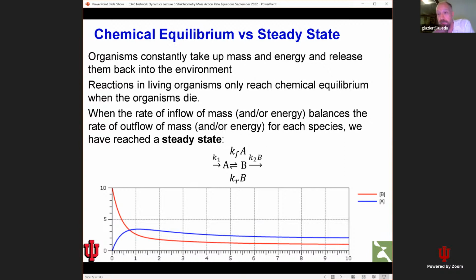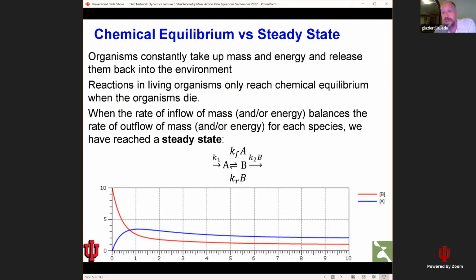Never is a long time, but almost never. On the other hand, it's pretty common to have a steady state where the influx of molecules balances the outflow, and that is a non-conservative situation. That was the second example we had in the homework.